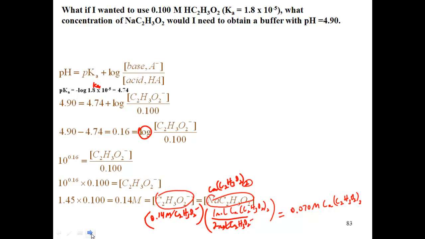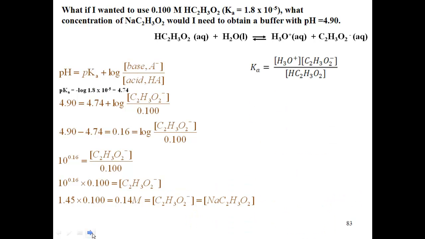Okay, this is how I would do it with Henderson-Hasselbalch, but that's not how I would approach this problem. I would approach it the same way we're doing everything else. I write my equilibrium: the hydrolysis of my acetic acid, which gives me hydronium ions and acetate ions.